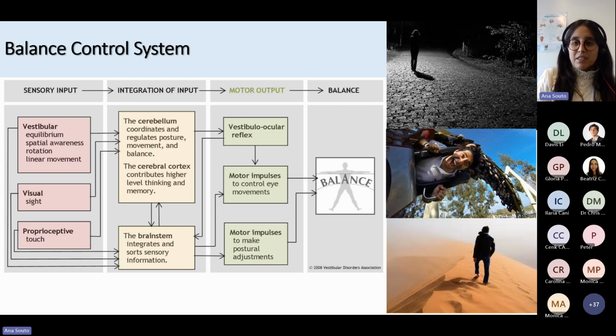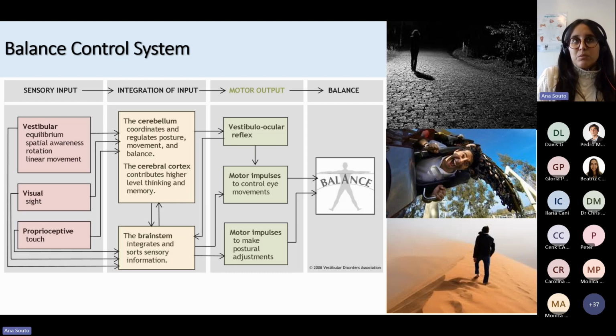For example, a person with impaired proprioception, so with a polyneuropathy or some kind of disease, will show higher reliance on the visual system.